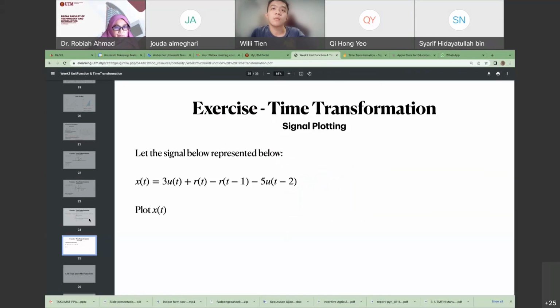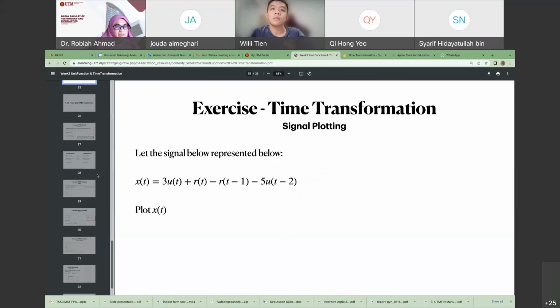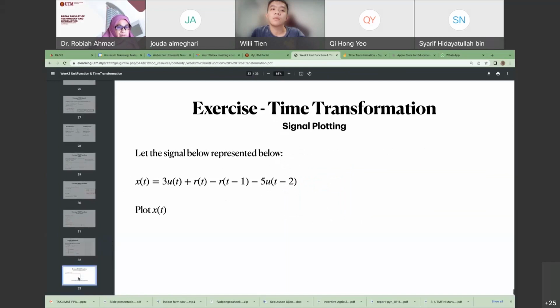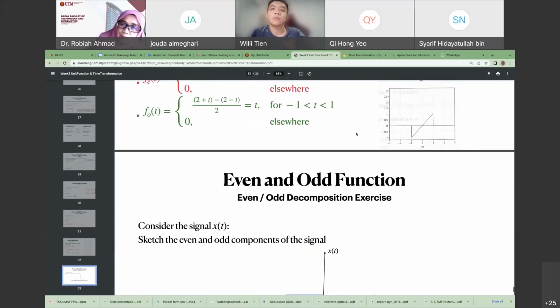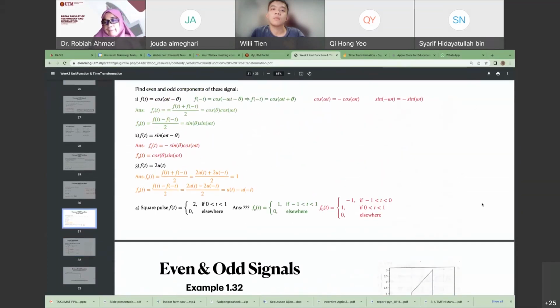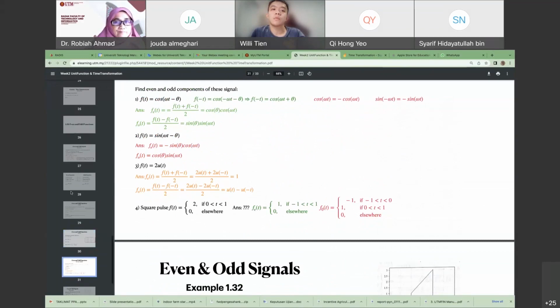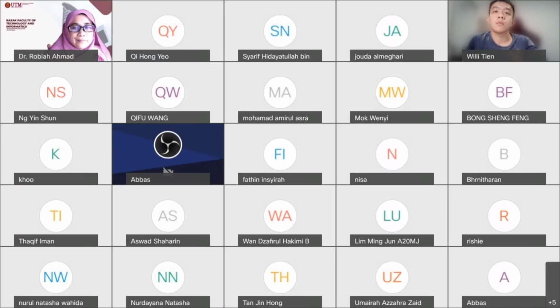We will discuss that tomorrow, plus final topics on even and odd: given a signal, how do we sketch the even and odd components. So that will be the topic tomorrow. Any question? So far okay?